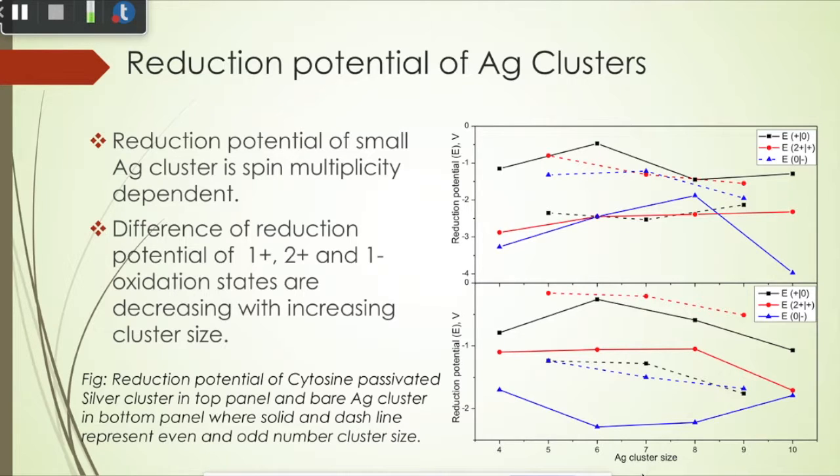So we expect that especially for sizes less than 10, the oxidation state is very important and is determined based on their reduction potential. But when you go to higher sizes, the effect of the spin diminishes.